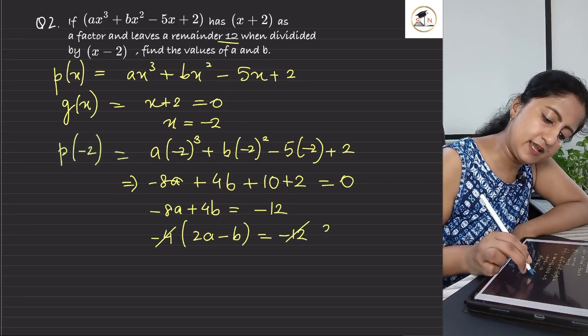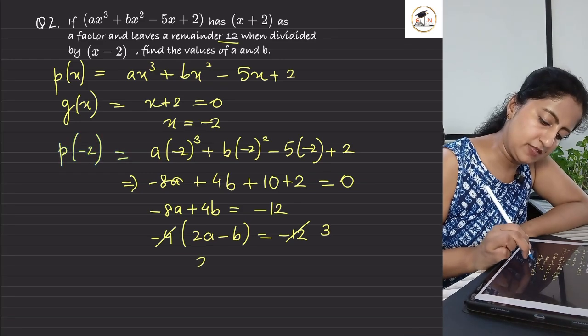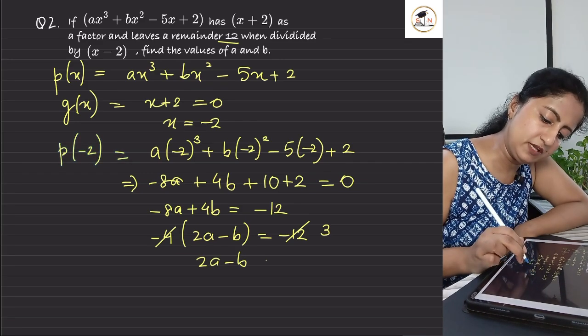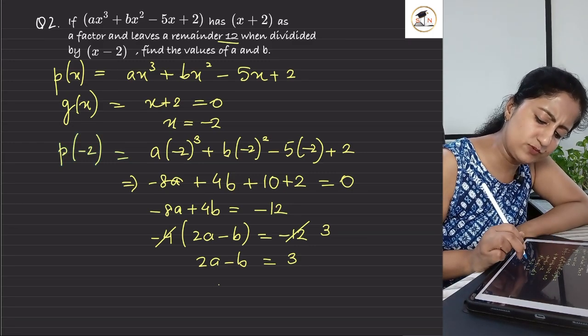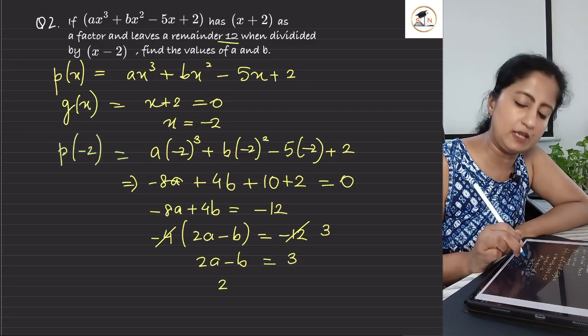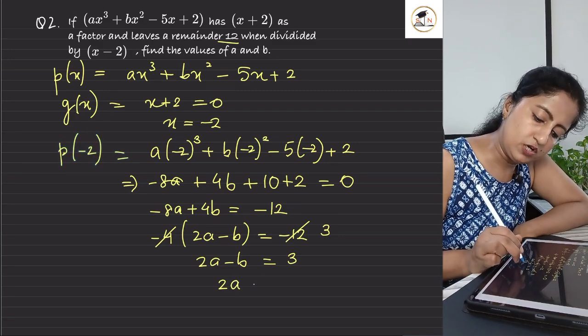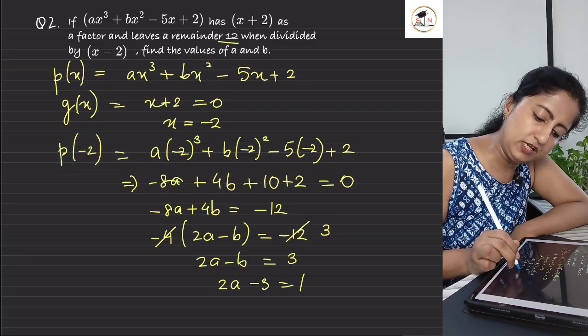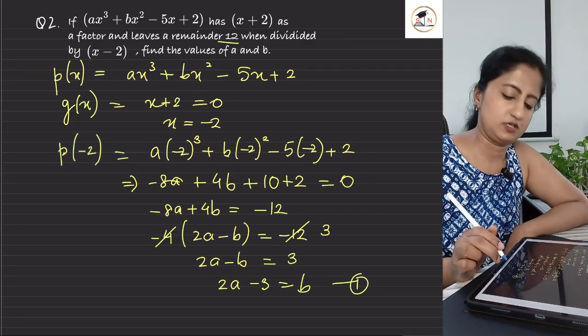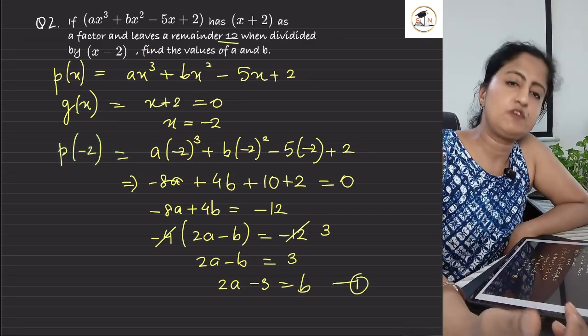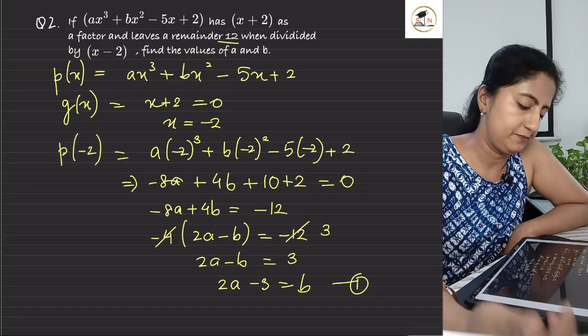This gets cancelled and I'm left with 3 over here. That means 2a minus b equals 3. Now, as we had learned earlier in other videos also how to solve for two variables. So what I'm going to do, 2a minus 3 equals b, and this becomes my first equation. So we have got the value of b in terms of a.